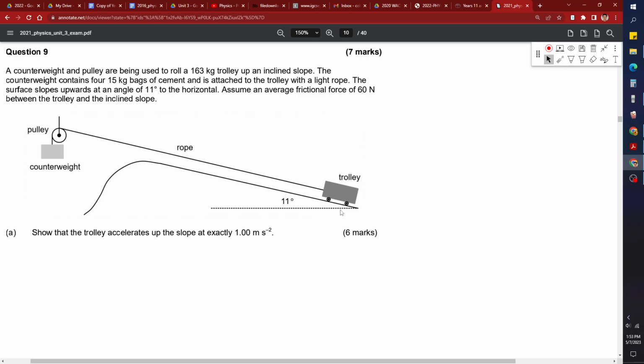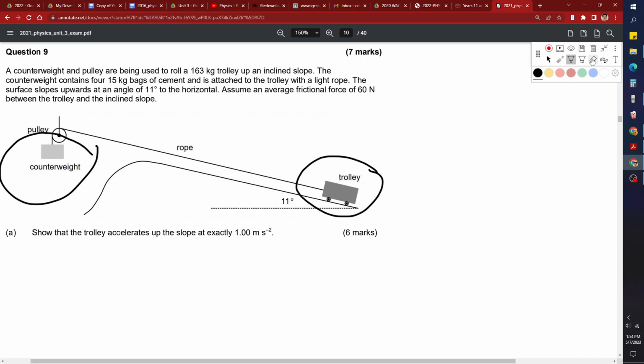If you recall this question, we were trying to figure it out, or I was trying to figure out, and what we didn't come up with was the right answer. Now, you can do the way of the marking key, which is to have two separate systems, one for the trolley and one for the counterweight.